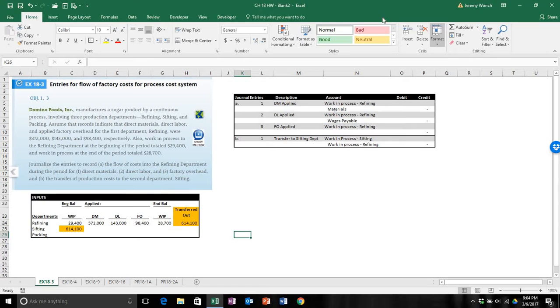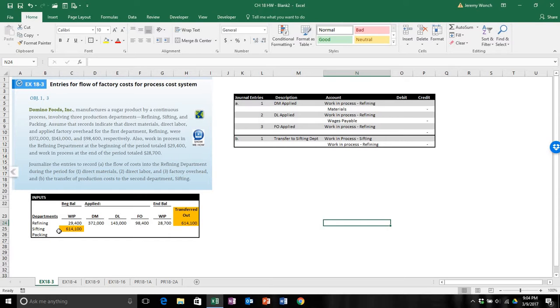So let's jump into the first problem, which is 18-3. Domino Foods manufactures a sugar product by continuous process. We have different departments: a refining department, a sifting department, and a packing department.